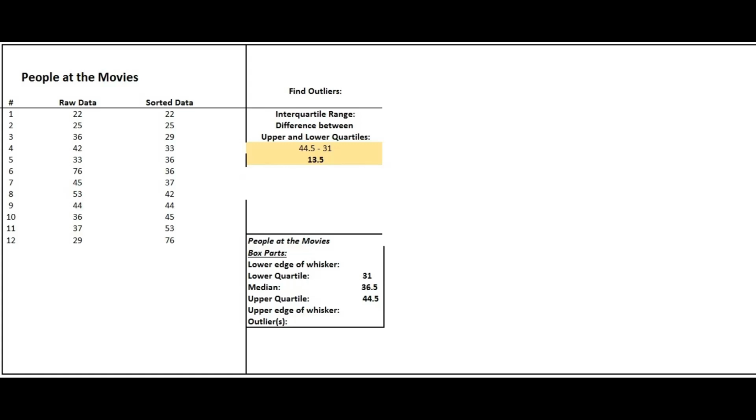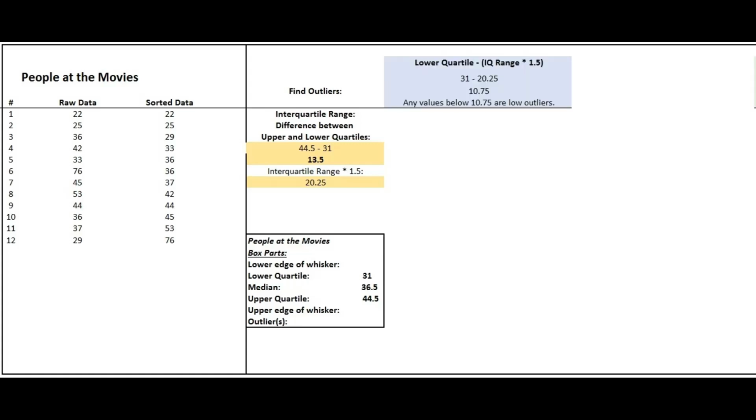Now, if we take it to the next step, the interquartile range will give us the barriers for our outliers. So it's 13.5 times 1.5, that's 20.25. So the low outliers have to be our lower quartile minus 20.25. 31 minus 20.25 is 10.75.